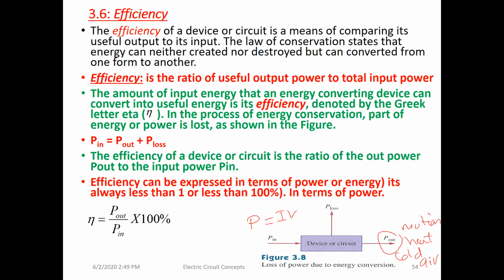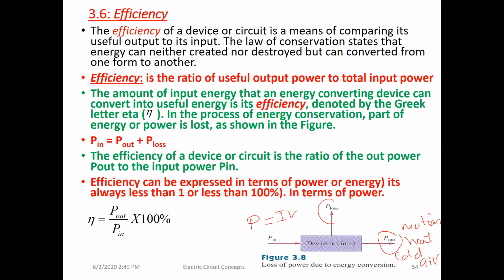Some of the power or energy getting in is going to go as losses, and we mentioned some of the losses could be friction, or the heat that will be lost through the process in the machine, through the device, and so on.